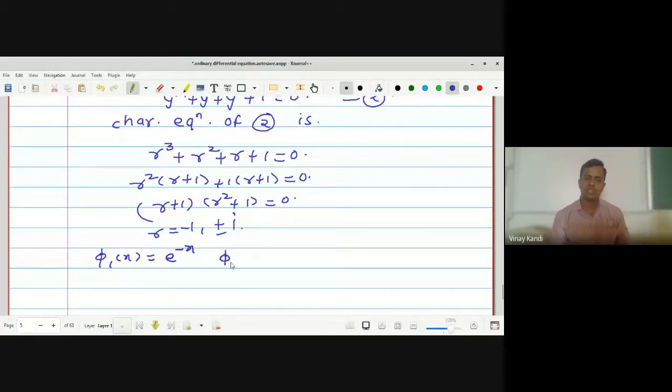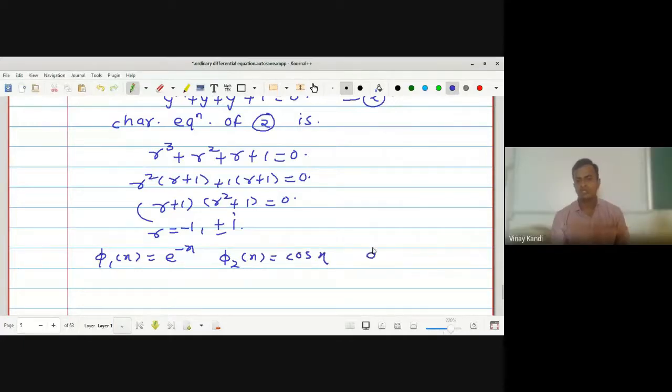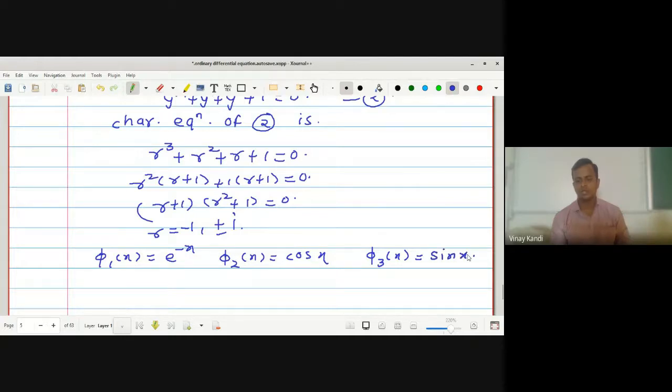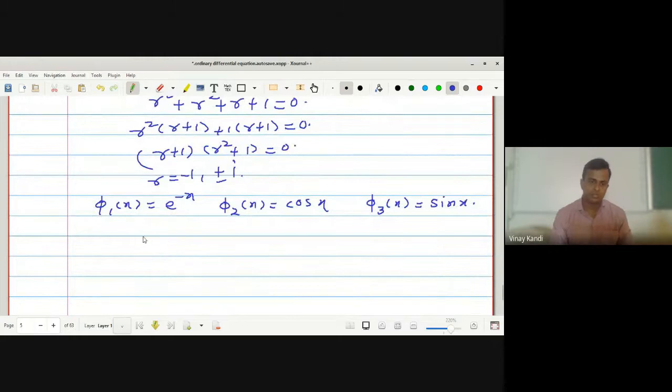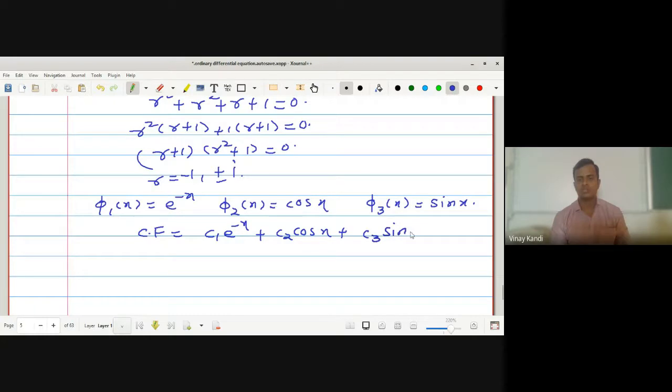What is phi 2 of x? cos x. What is phi 3 of x? sin x. Now the complementary function is equal to c1 e raised to minus x plus c2 cos x plus c3 sin x. Very good.